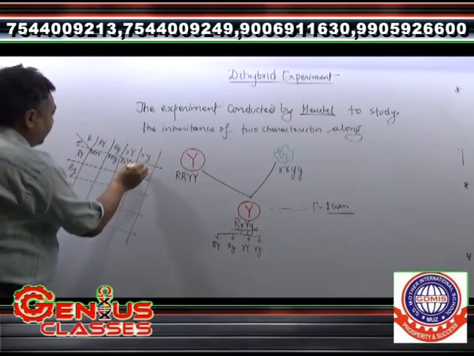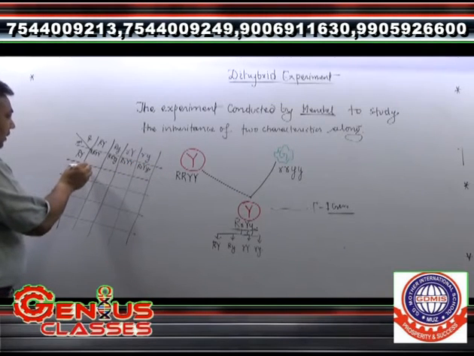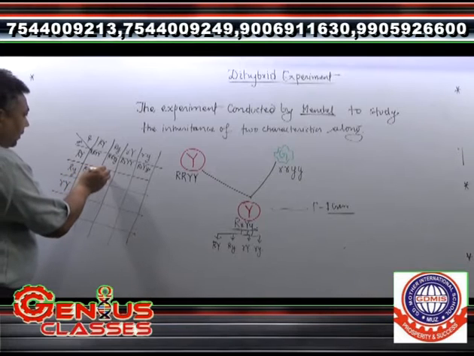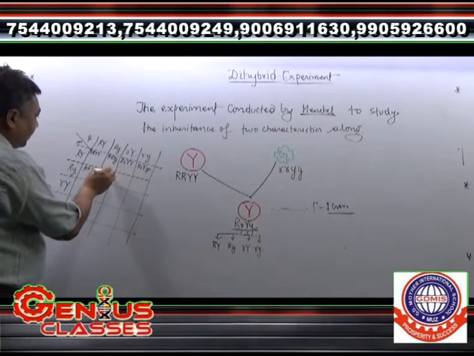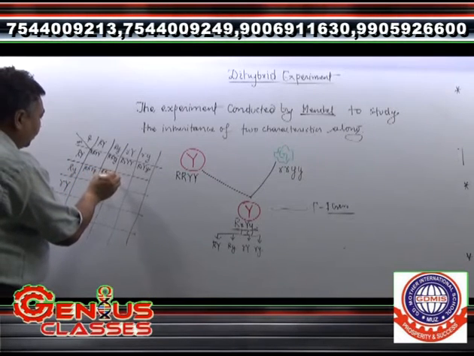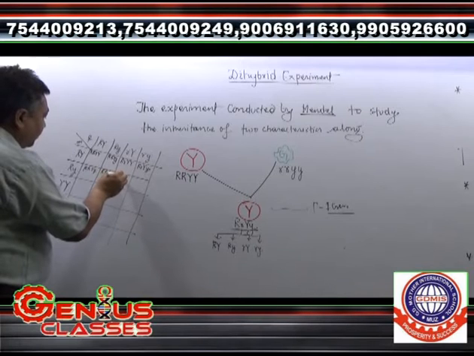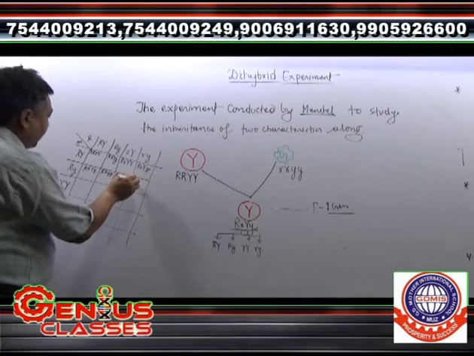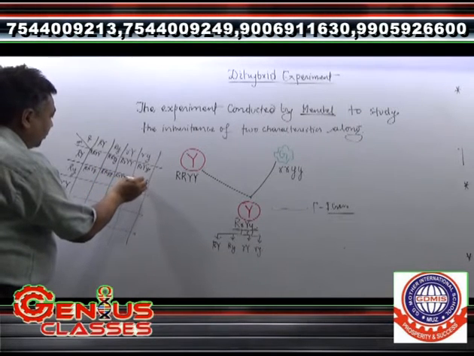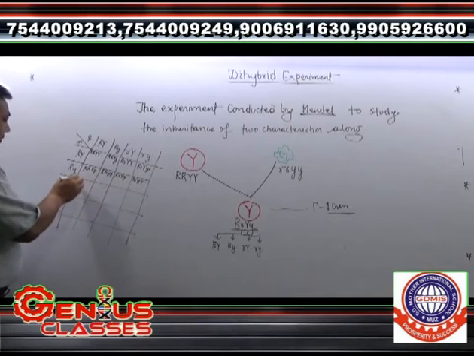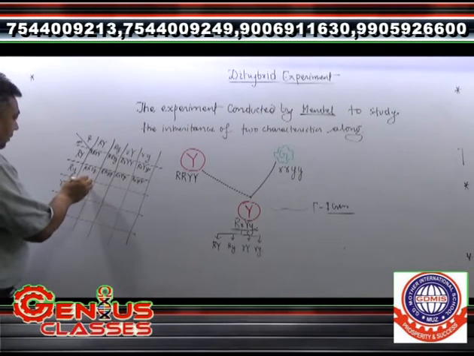Here R capital, R small, Y capital, Y small.